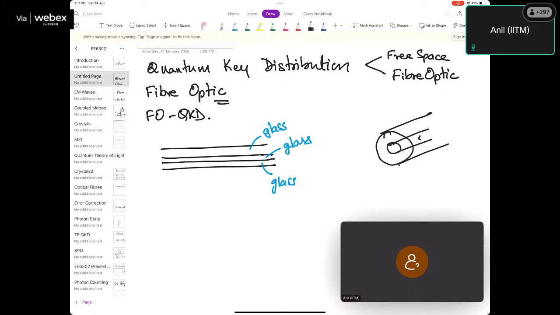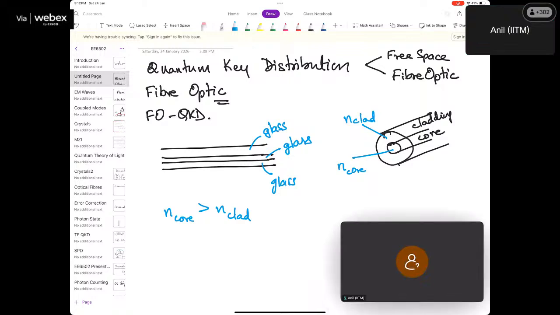In the middle, we have what is called the core, and outside we have what is called the cladding. The only real difference between the core and the cladding is the refractive index. The refractive index of this, which we'll call N core, and this is N clad. N core is greater than N clad.